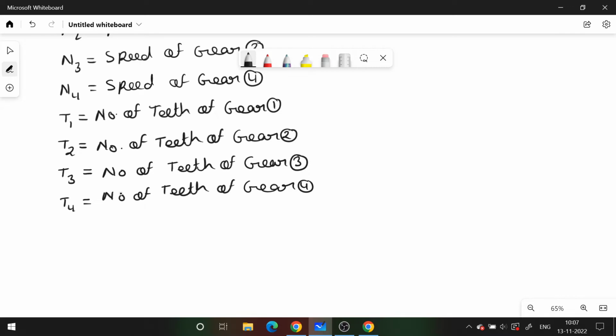Gear 1 is mounted on the driver shaft, whereas gear 4 is mounted on the driven shaft. Gears 2 and 3 are the intermediate gears. As we know, the sum of the pitch circle radii of gears 1 and 2 is equal to that of gears 3 and 4 for a reverted gear train.